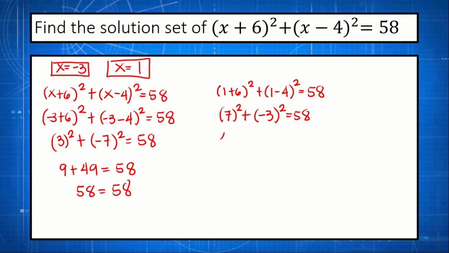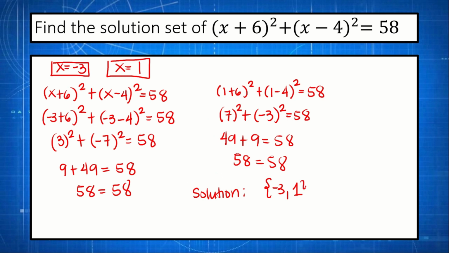So 7 squared is 49 plus 9 is equal to 58. So also we have 49 plus 9, that is 58, is equal to 58. So it means that the value of x satisfies the original equation. Therefore, we conclude that the solution set is negative 3 and positive 1.